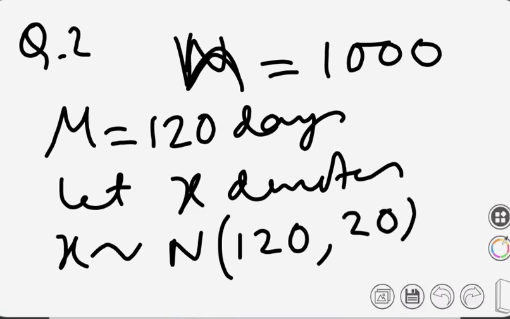Given, how many bulbs will expire in less than 90 days. So it is asking how many bulbs will expire within 90 days. That means the life of these bulbs will be less than or equal to 90.